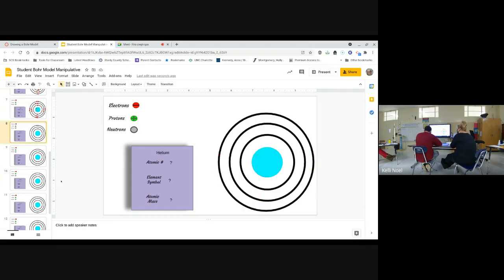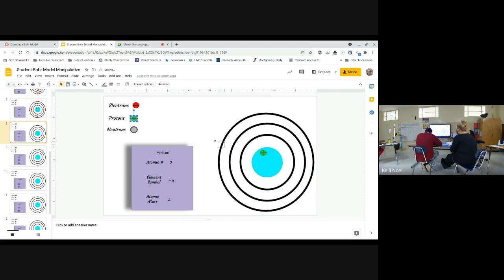All right, so 8, we have helium. Well, this is going to be an easy one. Helium, 2, HE, capital H, little e, and 4. All right, this one we're going to drag because we can drag 2 little protons in there.